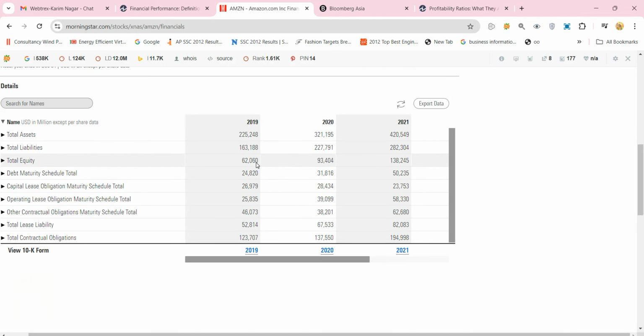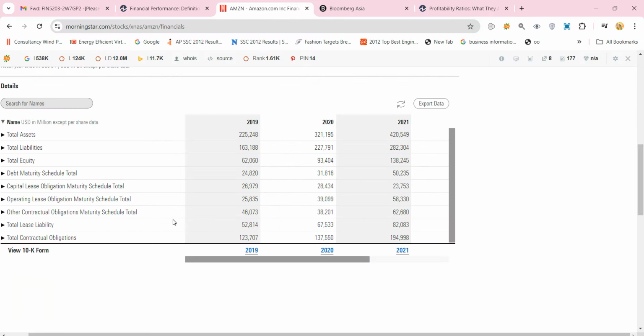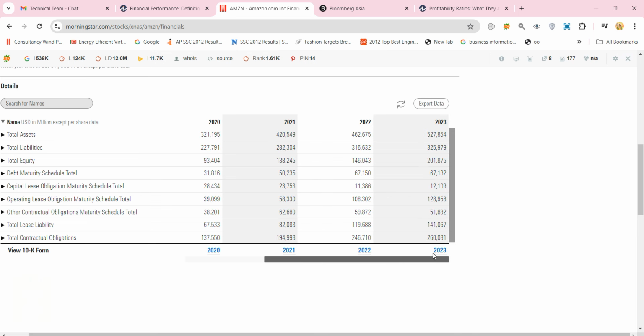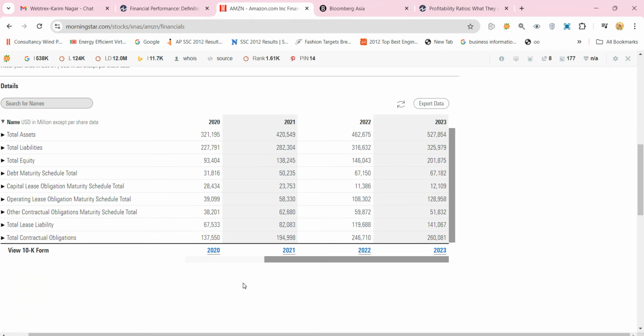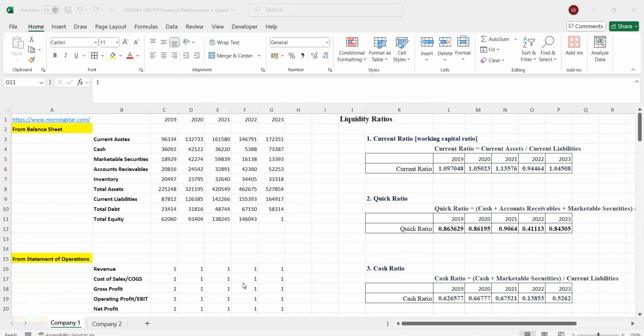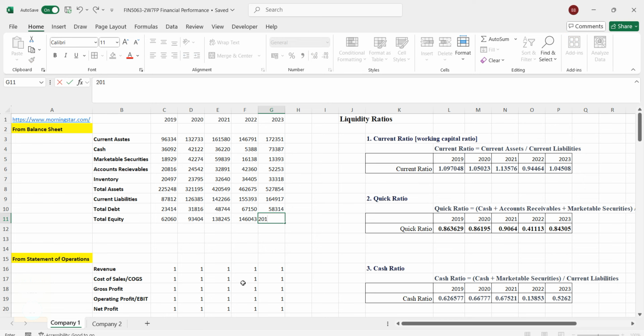Total equity is 62,060, 93,404, 138,245, 146,043, and 201,875. So by this, all values from the balance sheet are included.